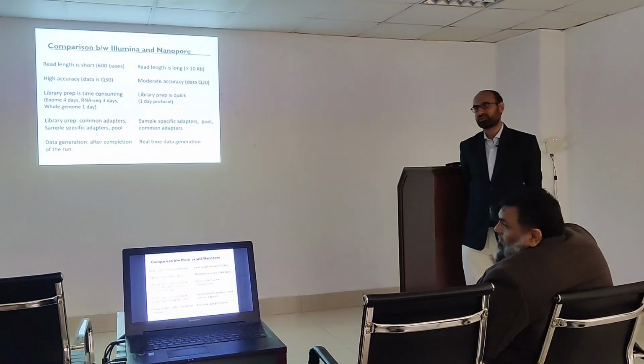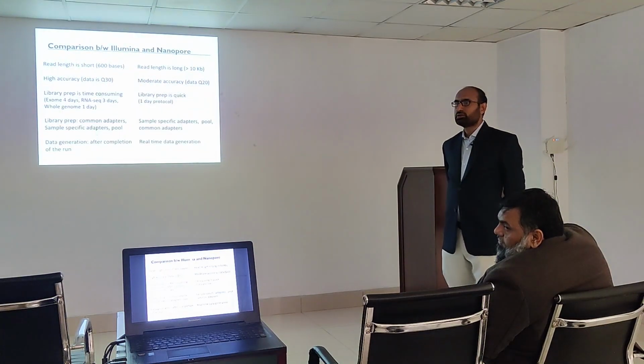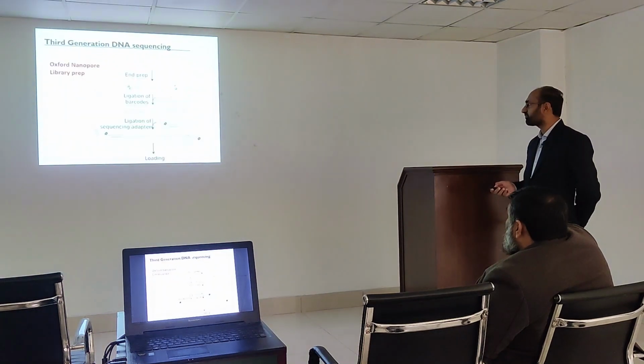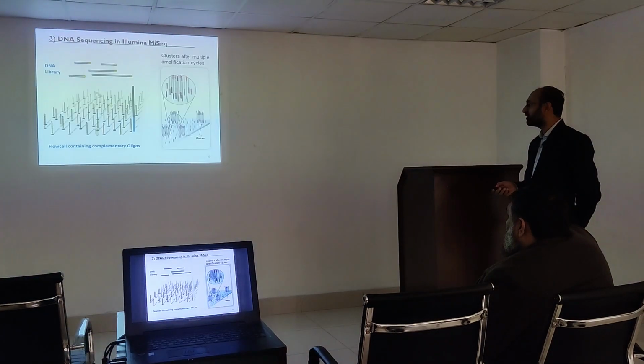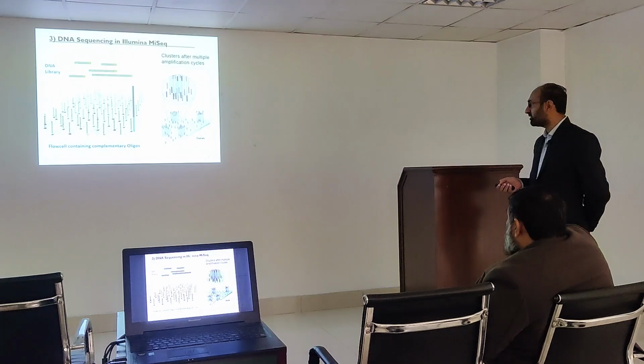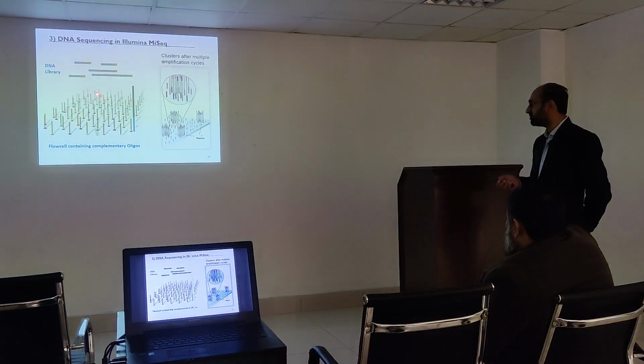I have one question. How do we differentiate clusters on the slide on the flow cell? So when these clusters are generated, you can just imagine on this glass chip, which is a flow cell, there are millions of clusters.